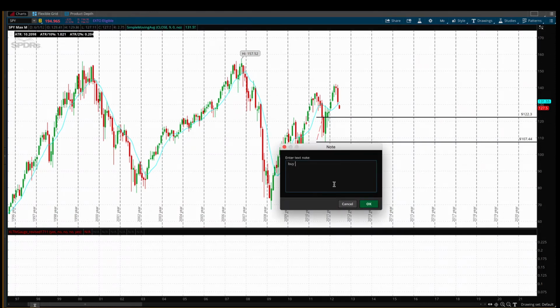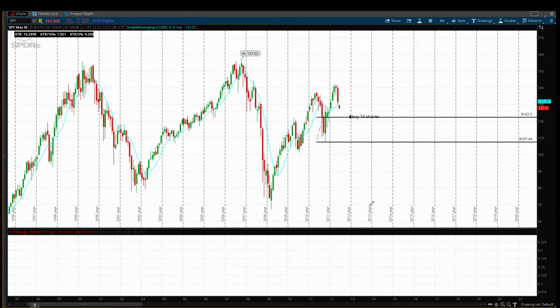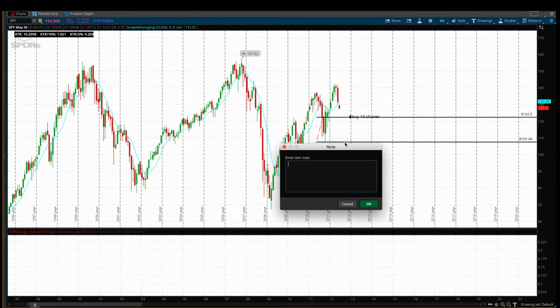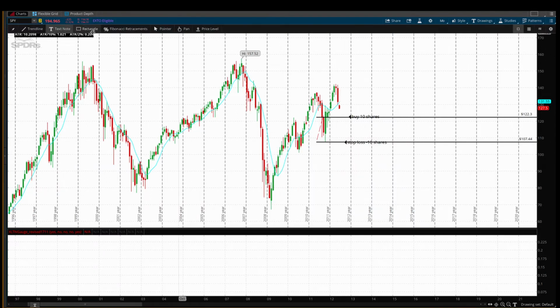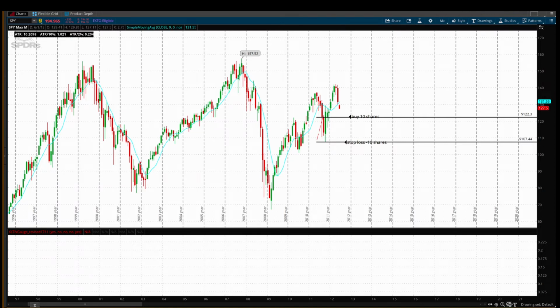I would buy here maybe 10 shares, and then I would have a stop loss right about there. Stop loss of 10 shares still. And then as time goes on, I'm going to mark this off with a little oval-shaped ellipse here.